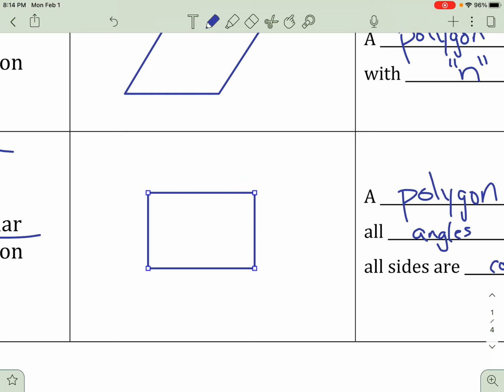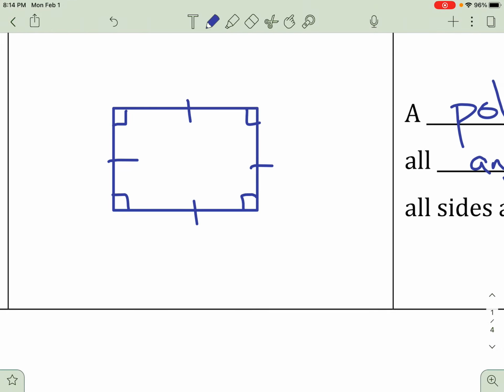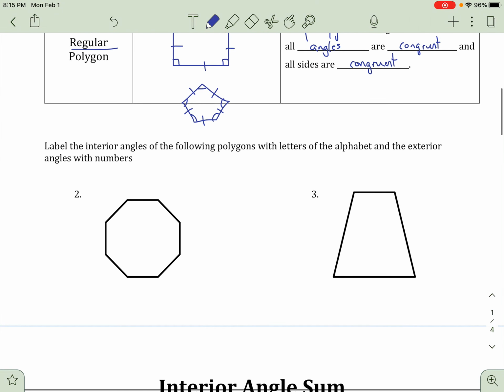Okay, so think of it like a rectangle. Okay, we know a rectangle has 90-degree angles, and it's also got four congruent sides. You could also think of it like a pentagon. Okay, a pentagon's going to have all congruent angles and all congruent sides if it's regular.